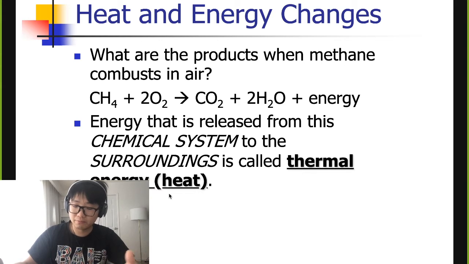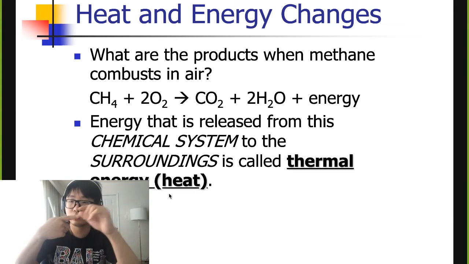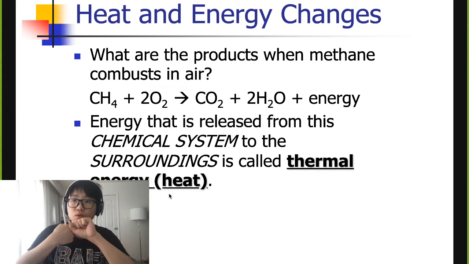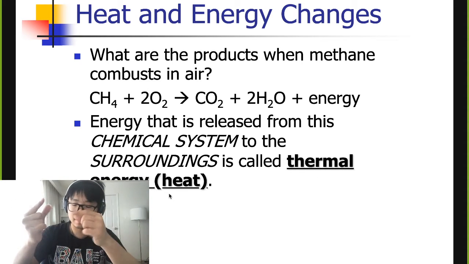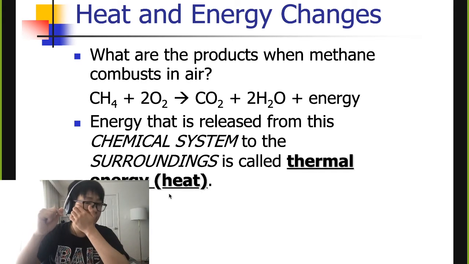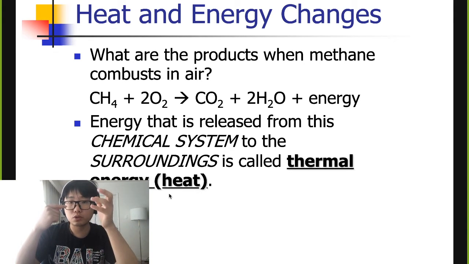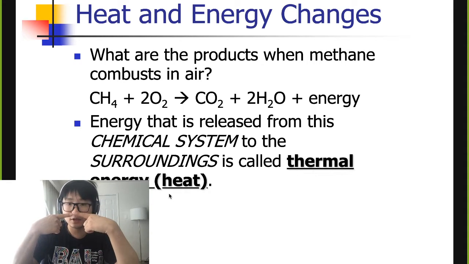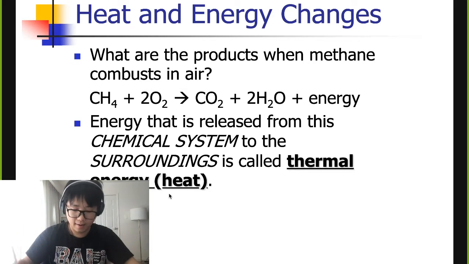Okay, so now I've mentioned two kinds of energy to you, right? We've mentioned kinetic energy, which is how the molecule vibrates, translates, or rotates. And we're also talking about chemical potential energy, and that's energy that's stored inside bonds, right? And sometimes when you break those bonds, you can harness that energy, as we've seen in biology, right?